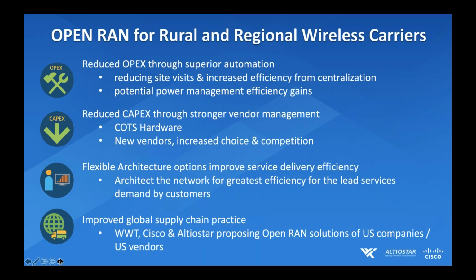And when that was the case, there were some network services that really couldn't be economically delivered or couldn't be optimized in terms of what was the best service delivered to the customer. And I'll touch upon that a little bit more on the next slide. Those flexible options, improving that service delivery, improving the economics of the operator, improving the service experience by the actual end user.